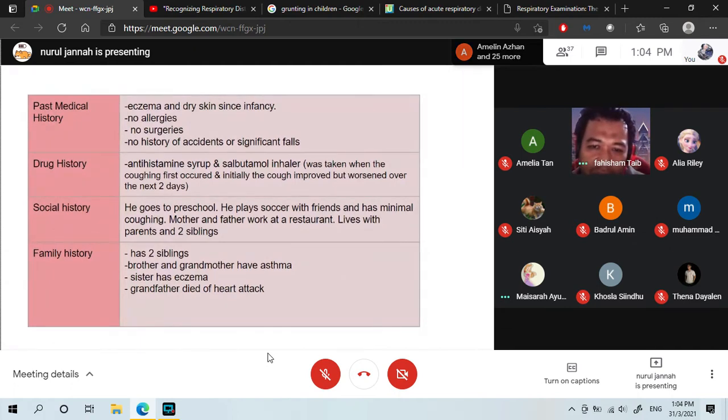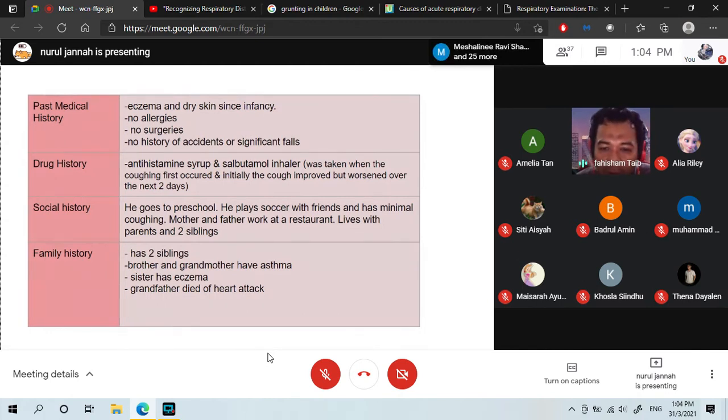If it's been started by parents, unfortunately it was not given using the aero chamber. Or if it's using an aero chamber, who checked the technique? Does the mother know the correct technique of giving it with an aero chamber or not? Because if this is asthma, you want to highlight this is a part of the problems in the management of asthma.